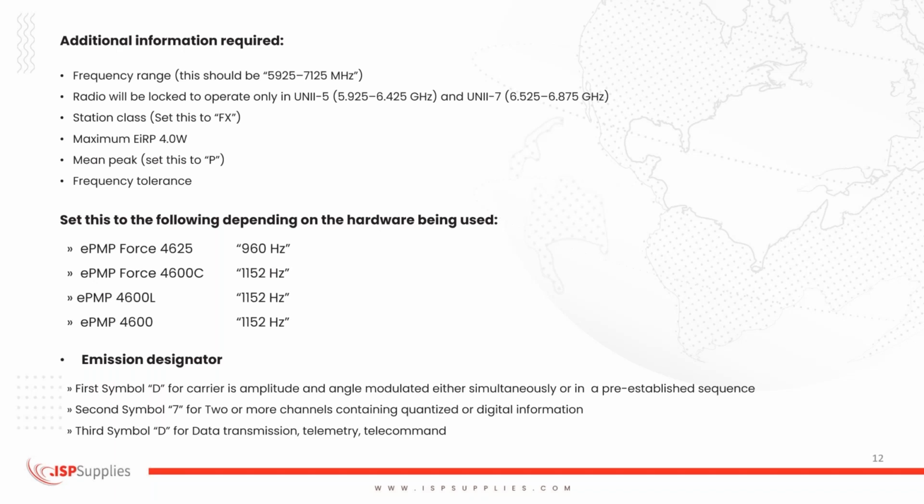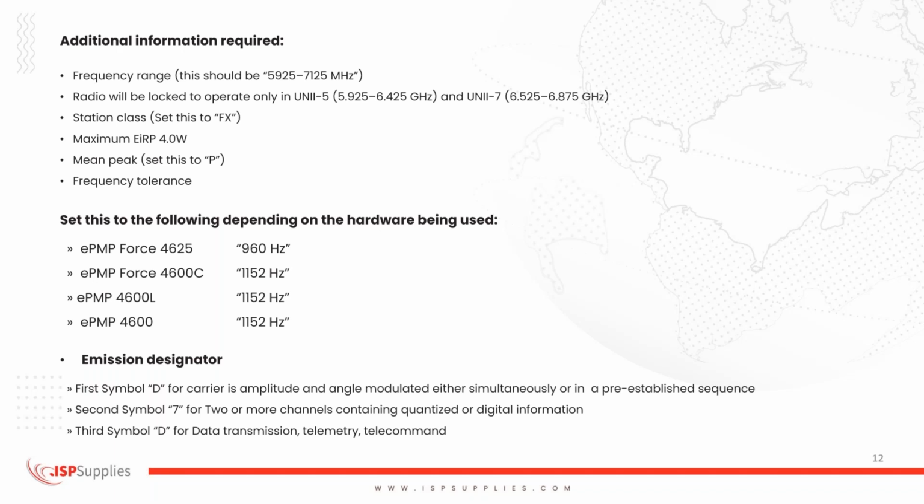Now, for the ePMP line, and probably others as well, for the 4625, that is 960 hertz. 4600C, 1152 hertz, 4600L, 1152, as well as the 4600.